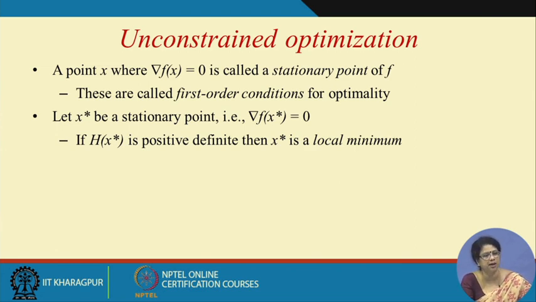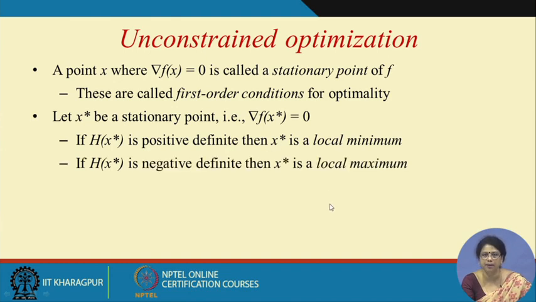That is why, at the local minimum point, if x star we got from the necessary condition that grad f x star is equal to 0, and the Hessian matrix value at x star is positive definite, then we say local minimum.